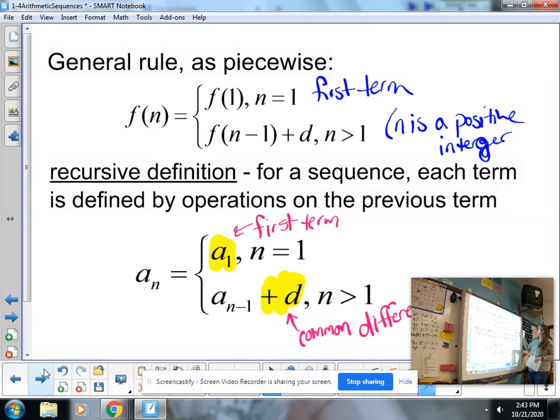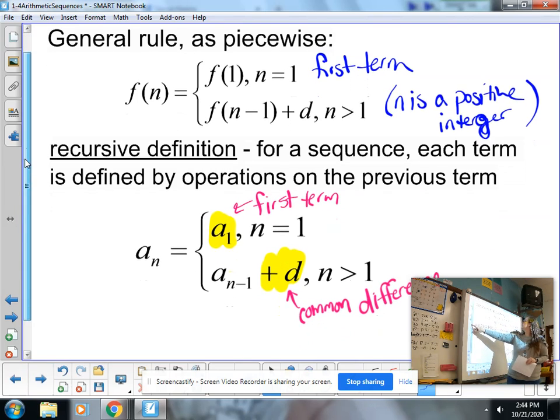N is a positive integer. So n is not going to be decimals, and it's not going to be fractions, and it has to be the counting numbers that are bigger than 1, like 2, 3, 4, 5, 6. This is what we call the recursive definition.